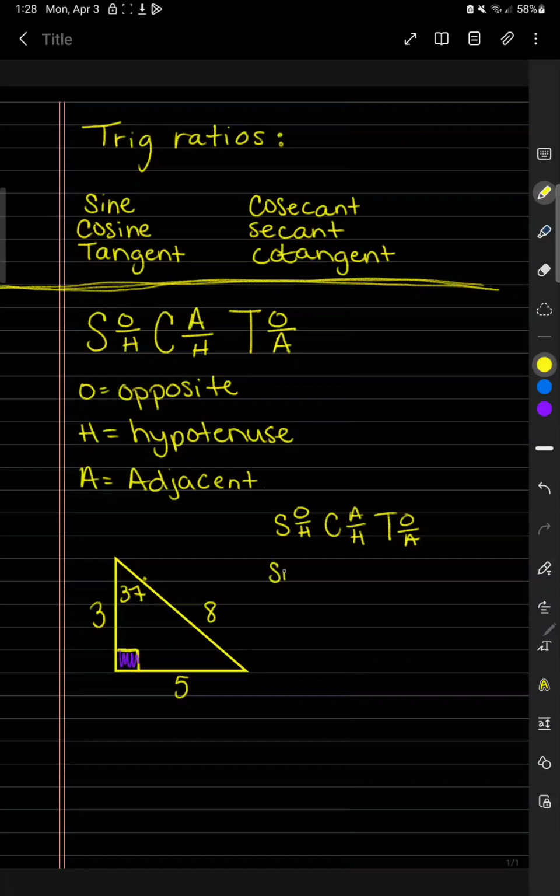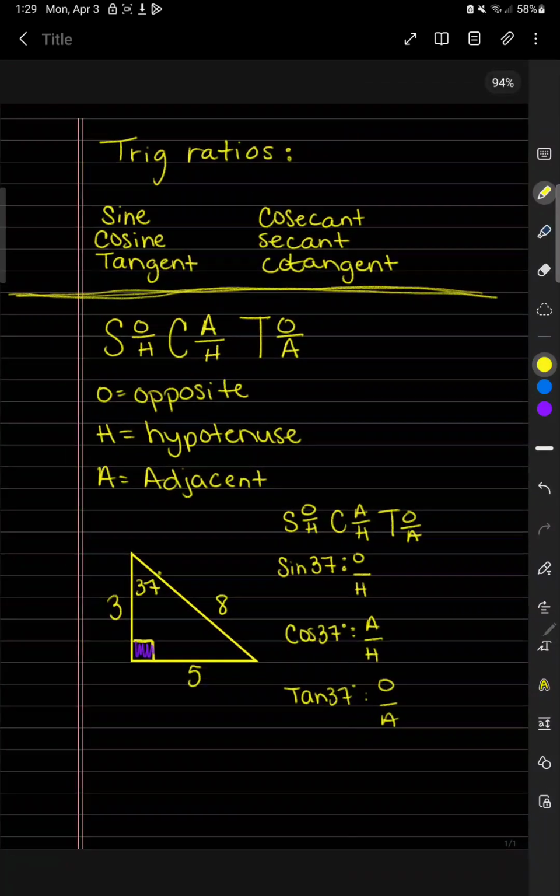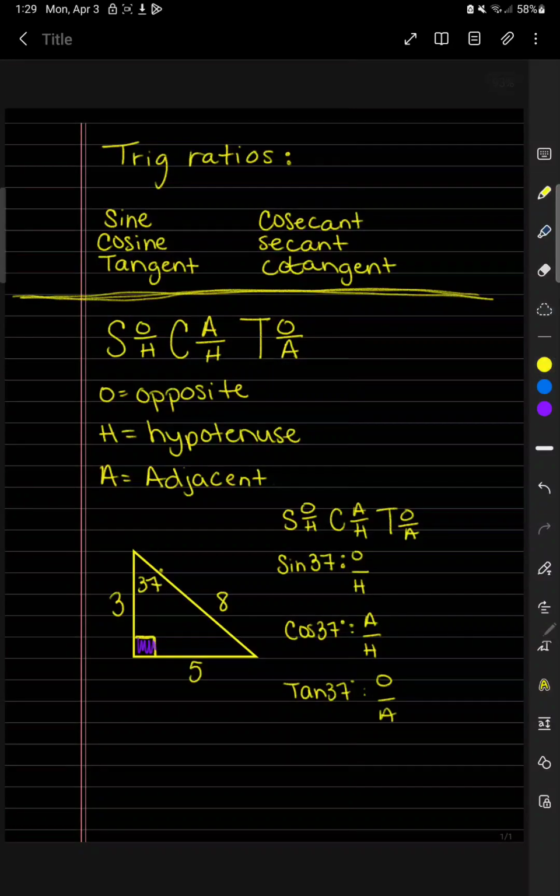So we have sine of 37. Again, this is going to be O over H. And then we have cosine of 37 degrees, because we always go by the degree. That's going to be A over H. And then we have tangent, tan of 37. That is opposite over adjacent. And then let me scoot this over.